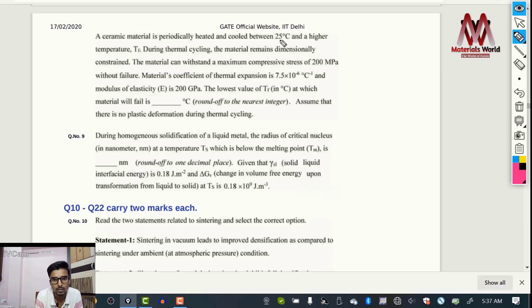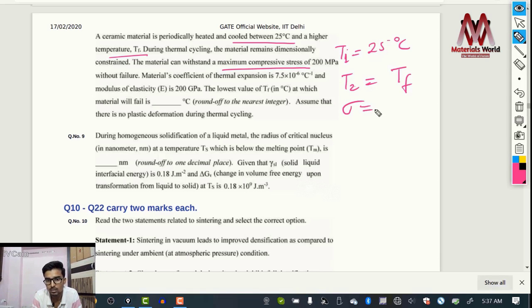It has been given: cooled between 25 and a higher temperature. So the lower temperature T1 is 25 degrees Celsius, and the higher one, T2, is unknown. The material can withstand a maximum compressive stress, the thermal stress, given as 200 MPa without failure.